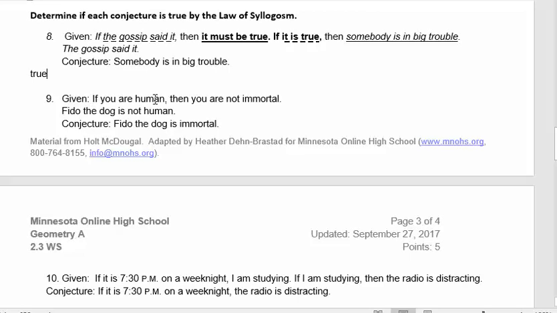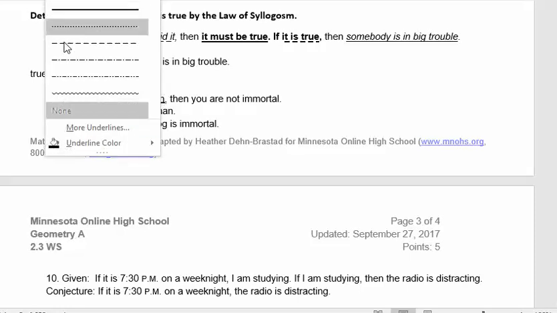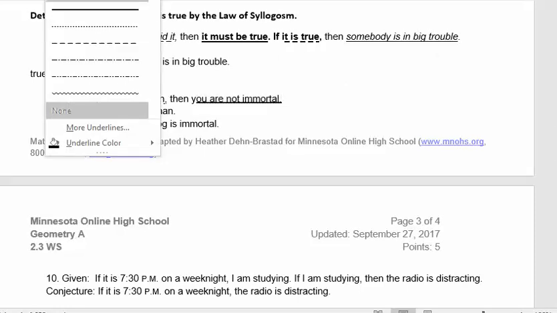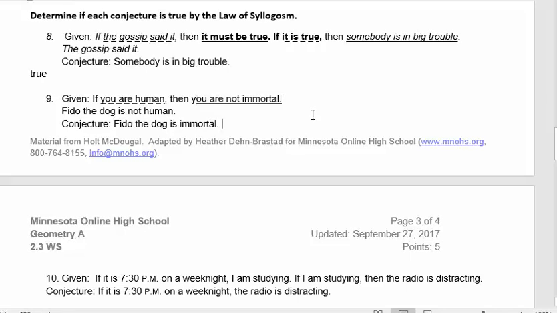Okay, here's our given statement. If you are human, then you are not immortal. Now, we're not going to judge what that means or anything. We're just going to look at the words. This is the hypothesis of our first statement. Here's the conclusion of our first statement. Now, we're supposed to be using the law of syllogism, so we need a second statement. There's no second statement.